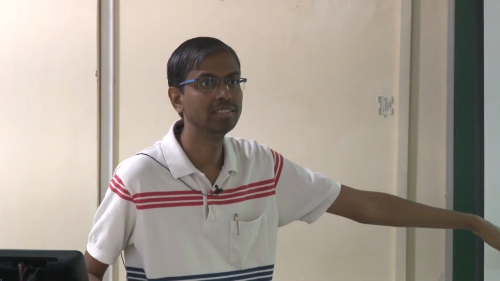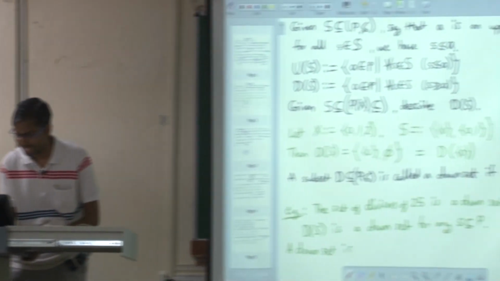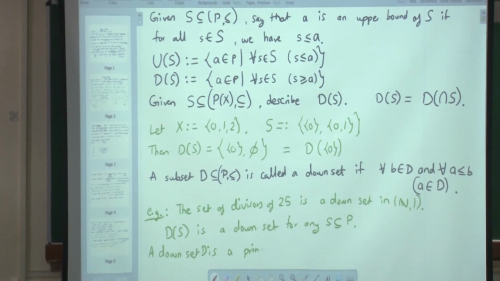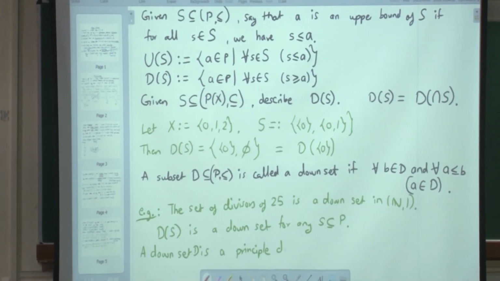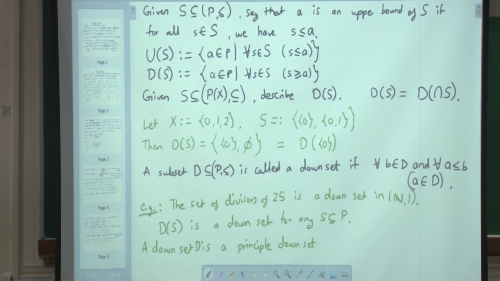Any doubts about this? You are getting what is a downset? Okay. Then a downset D is a principal downset. Sorry, I'm making a mistake here. Principal downset.